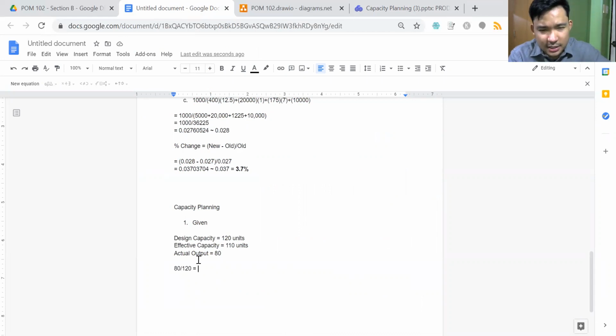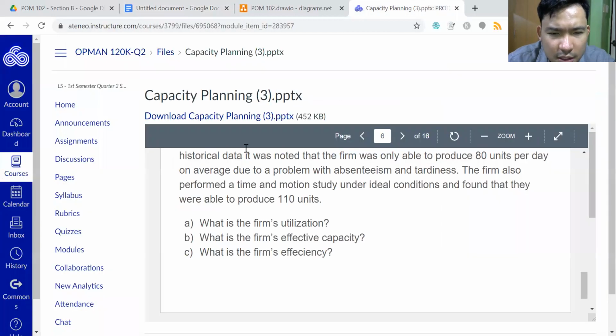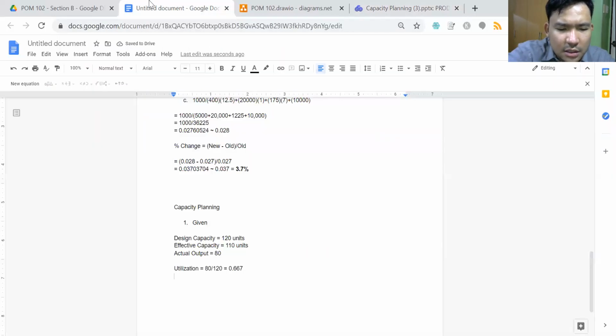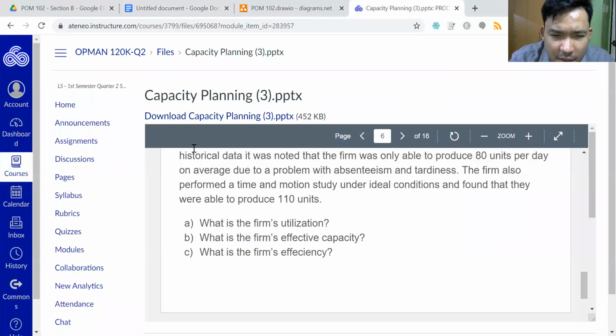That's 0.667. This is utilization. Next is effective capacity. That's obviously already here, so that's 110 units.